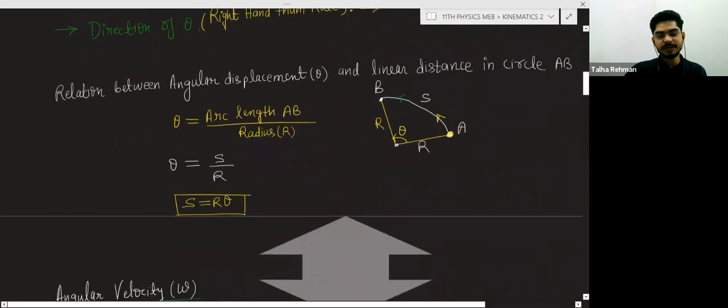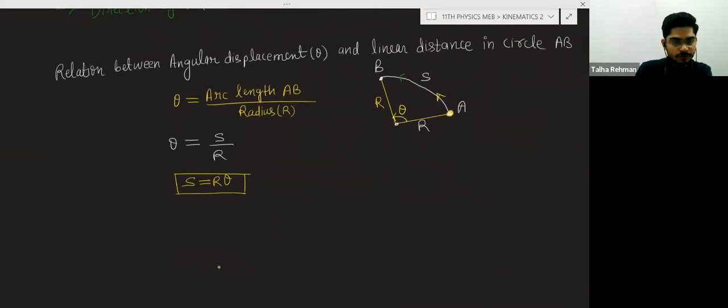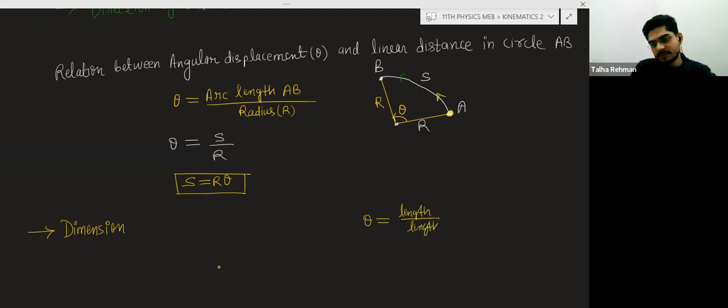There is one more point that I want to write. If you find the dimension of this theta: theta is equal to arc length upon radius. Arc length is a length, and radius is also a length, like 5 meter, 10 meter.